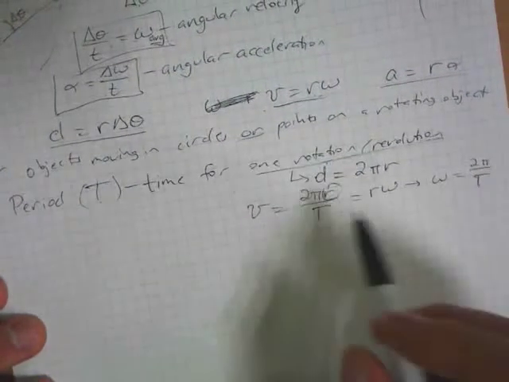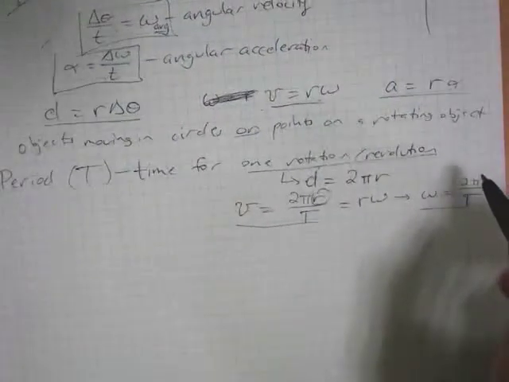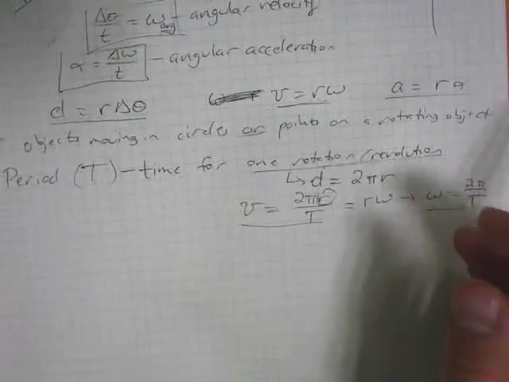The velocity is 2 pi r over T, omega is 2 pi over T. Either of those equations could be useful if you're given a period and you want to determine a velocity or an angular velocity.